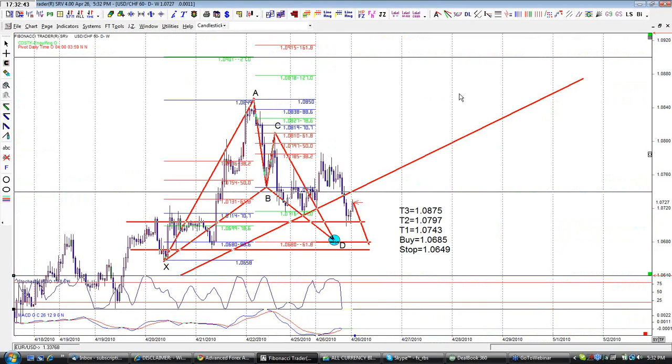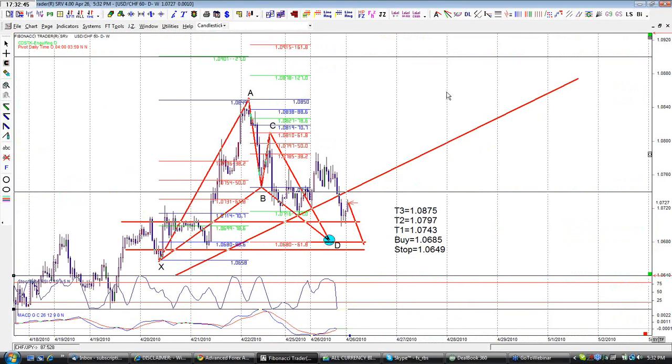And what we'll do is we'll look for bearish patterns to converge in this level. And we might see something like this developing soon. This is a bearish Butterfly. We can trade this bearish Butterfly, take some profits.